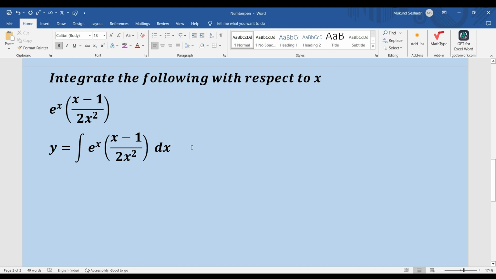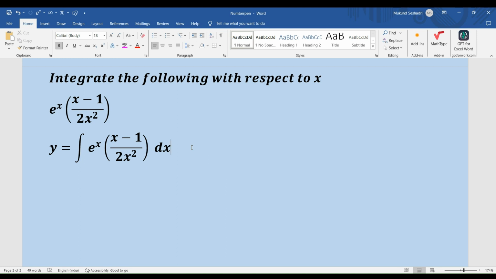So that's my y. I know that my y is not in a very simple format whose antiderivative I know from first principles. But can I do a little bit of jugglery with this particular expression so that I'm in a position to make my y a lot simpler?